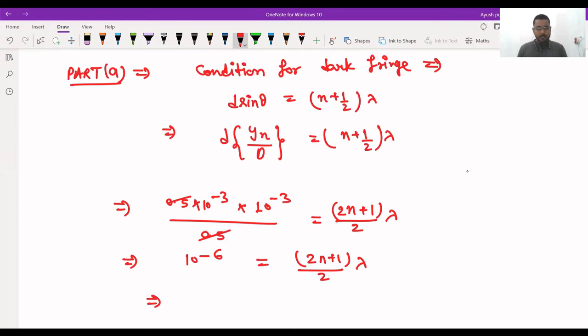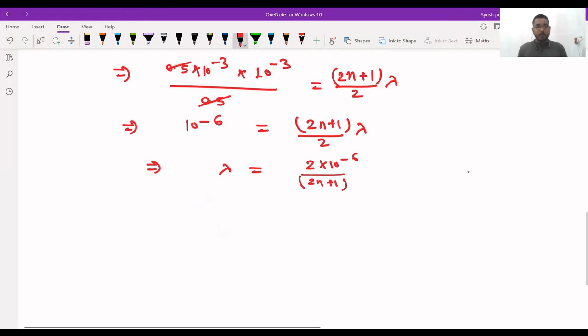Let's write this expression in terms of λ: λ = 2 × 10^-6/(2n + 1). We have to calculate the value of λ corresponding to which a dark fringe will be formed.